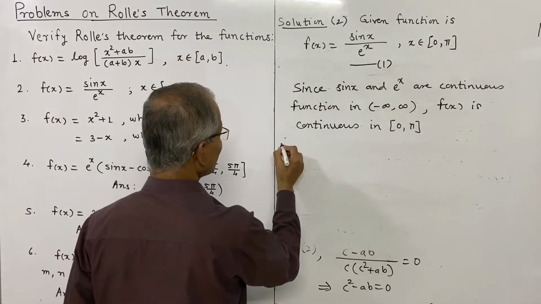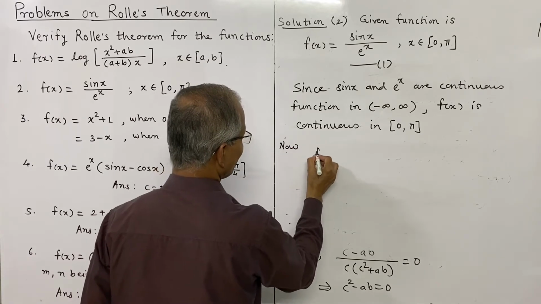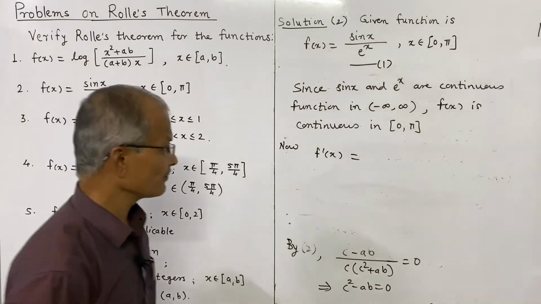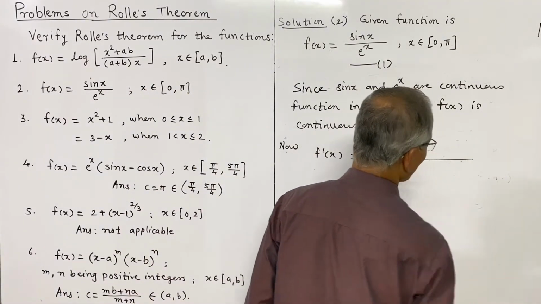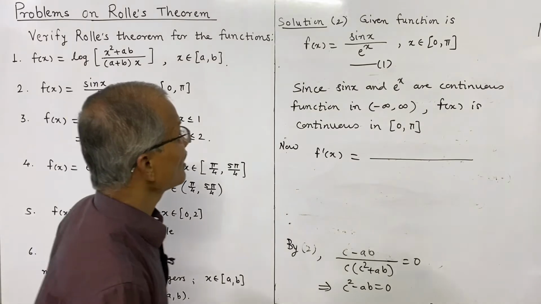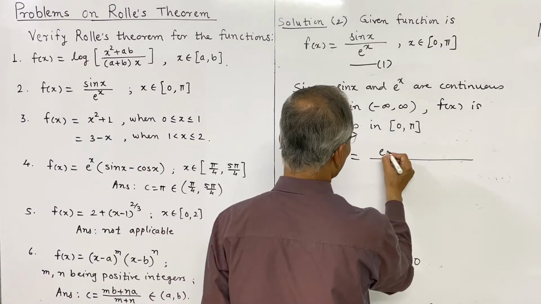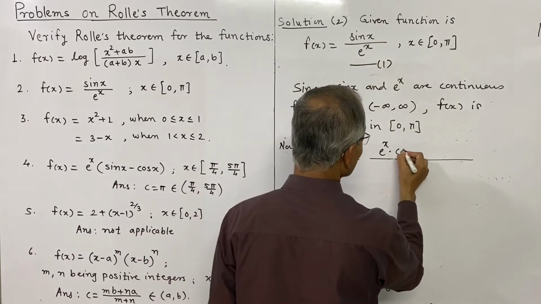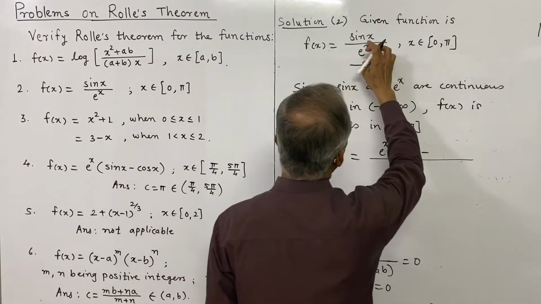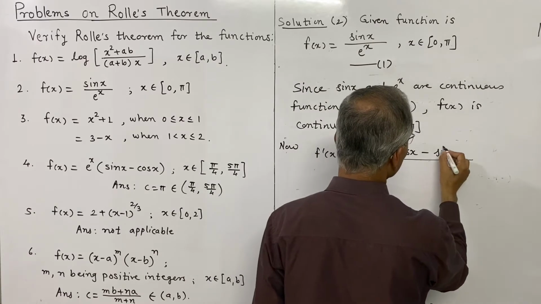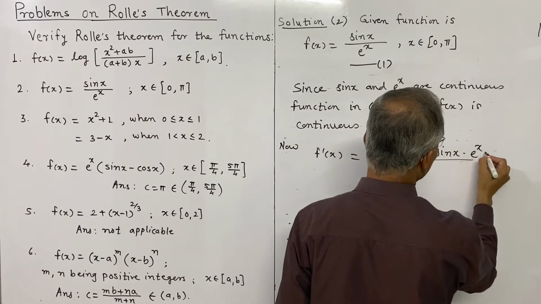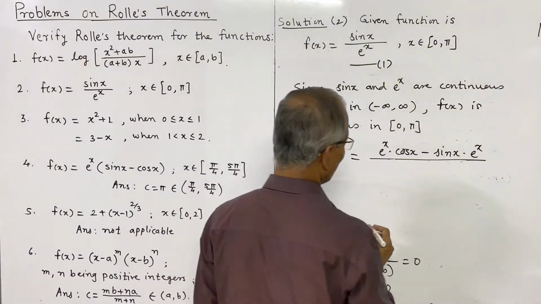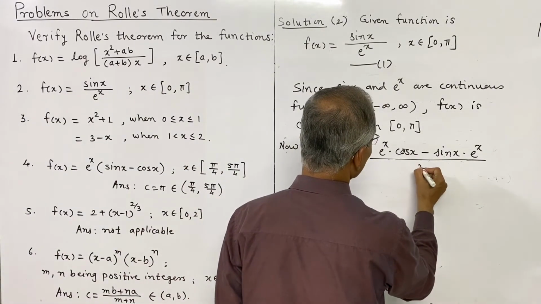Next, f dash of x from 1. Here it is a quotient, and we shall apply the quotient rule of derivative. So that will be e power x, the denominator, into the derivative of numerator, that is cos x, minus the numerator, that is sin x, into the derivative of denominator, that is again e power x, divided by the denominator square.